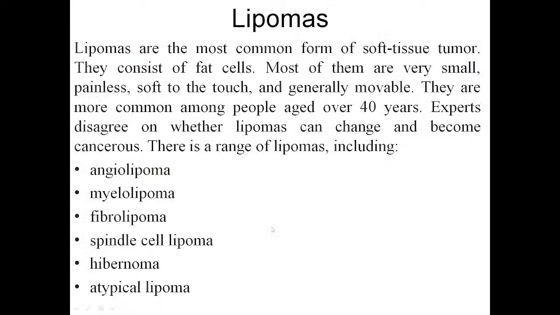Okay, the next type of benign tumor is lipomas. Lipomas are the most common form of soft tissue tumor. They consist of fat cells. Most of them are very small, painless, soft to the touch, and generally movable.